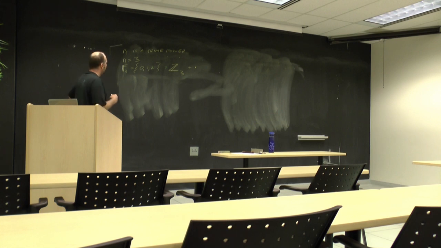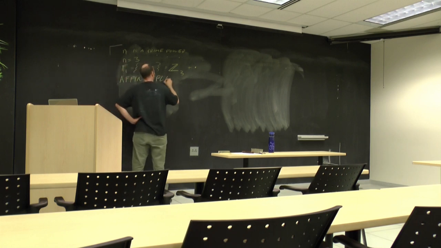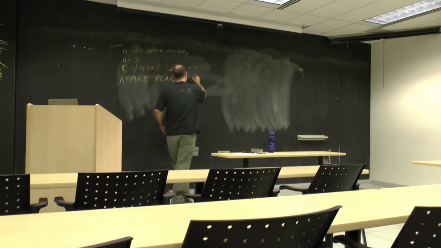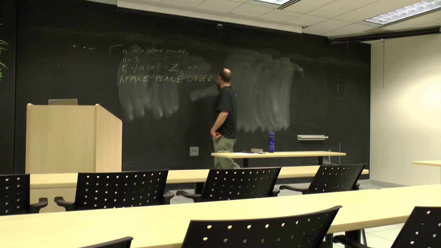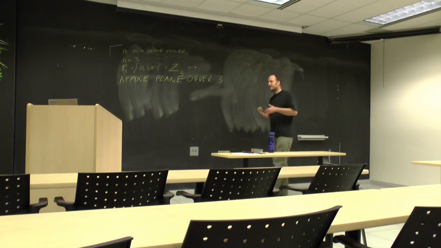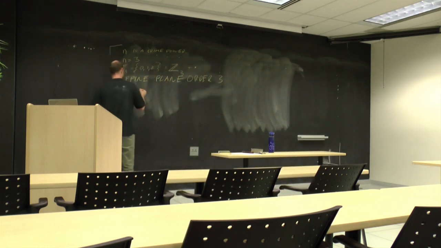Things like that. So the affine plane is a geometrical object, but I'm going to do it over Z mod 3. This is just the Cartesian plane, and instead of the real numbers, we do Z mod 3. So what are the points?